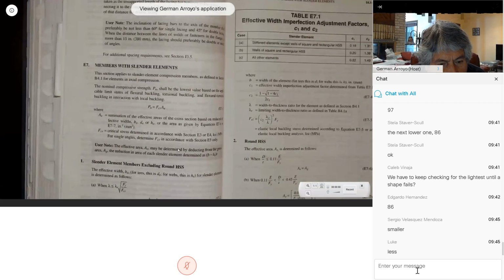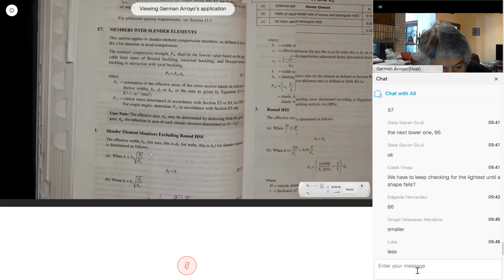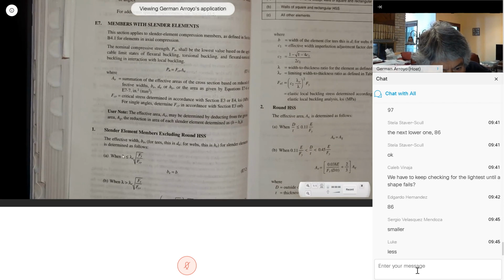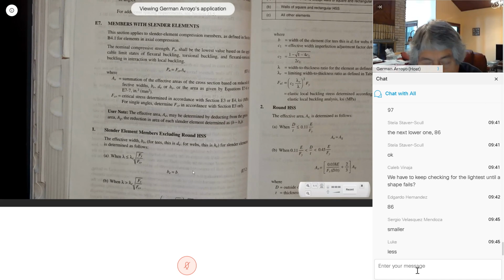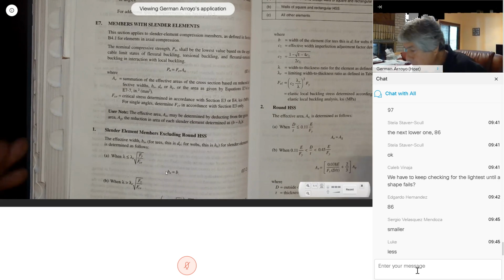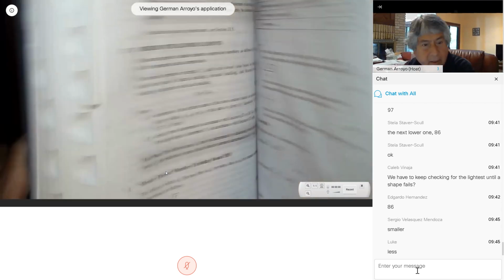There is a limitation in E7: lambda is smaller than lambda sub r multiplied by square root of Fy over the critical stress. There is no change in the b. In this case, the b is the h because we're doing the web. So in this case, this is what I did.